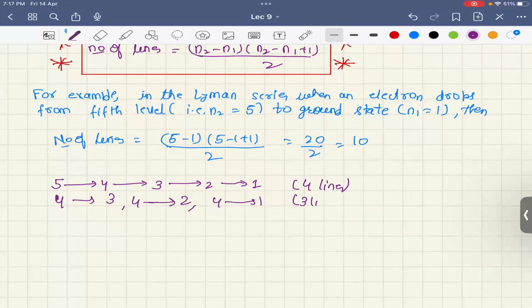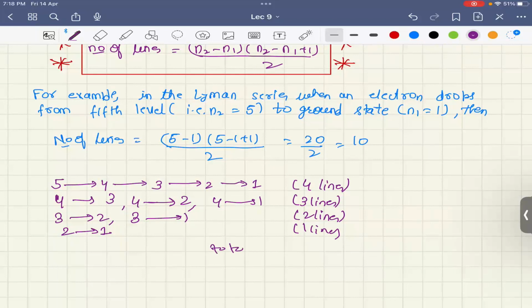So these are 3 additional lines. Then 3 to 2 it can go, or 3 to 1. So these are 2 lines. Then 2 to 1 it will go. This is 1 line. The total lines are 4 plus 3 plus 2 plus 1, which is 10.